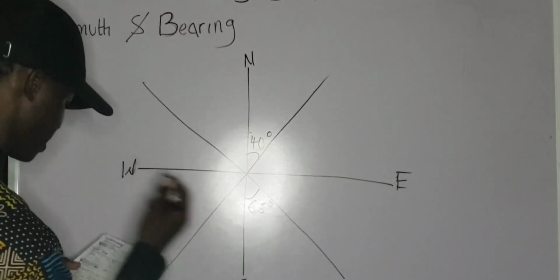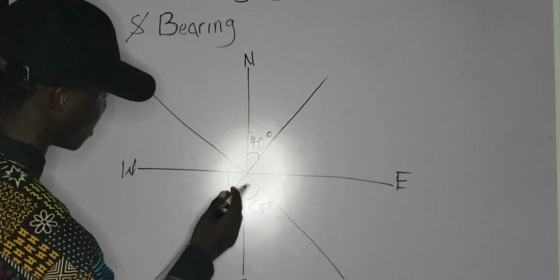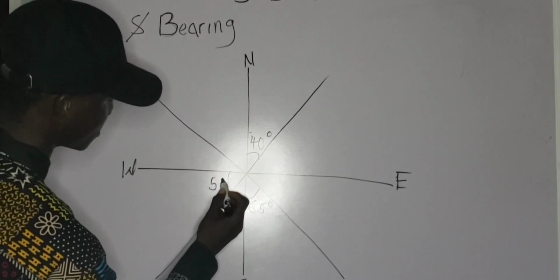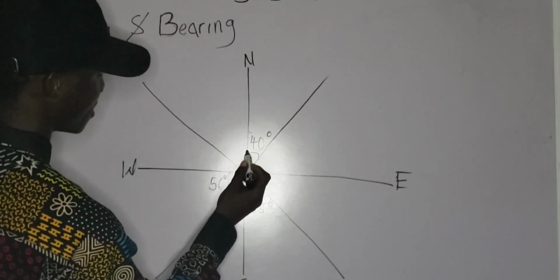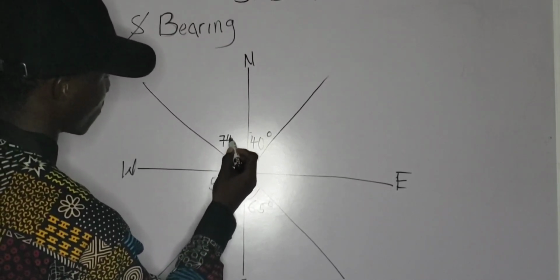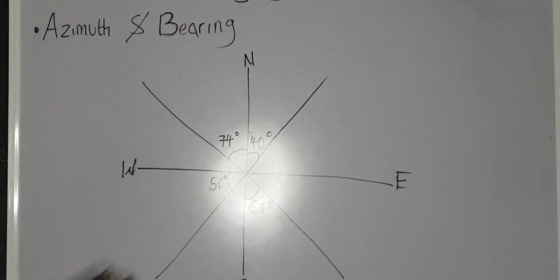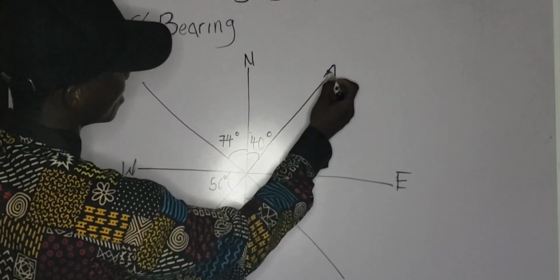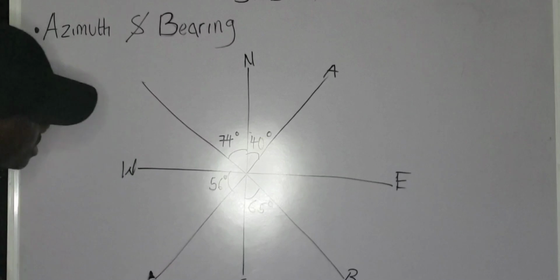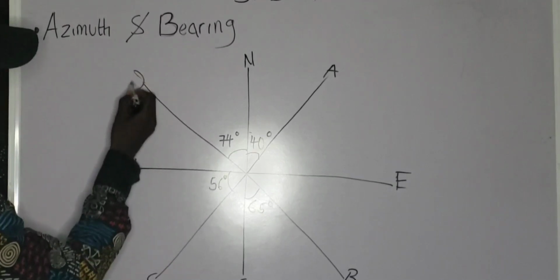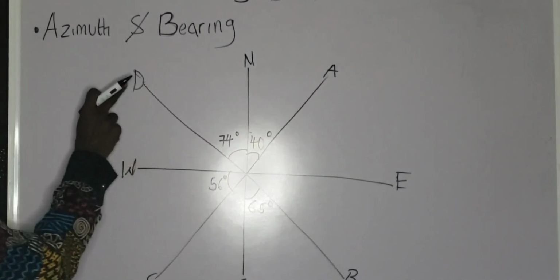The angle here is maybe 56 degrees, and the angle here is 74 degrees. Now let me name the lines A, B, C, D. We have line A and C, and we have line D and B.